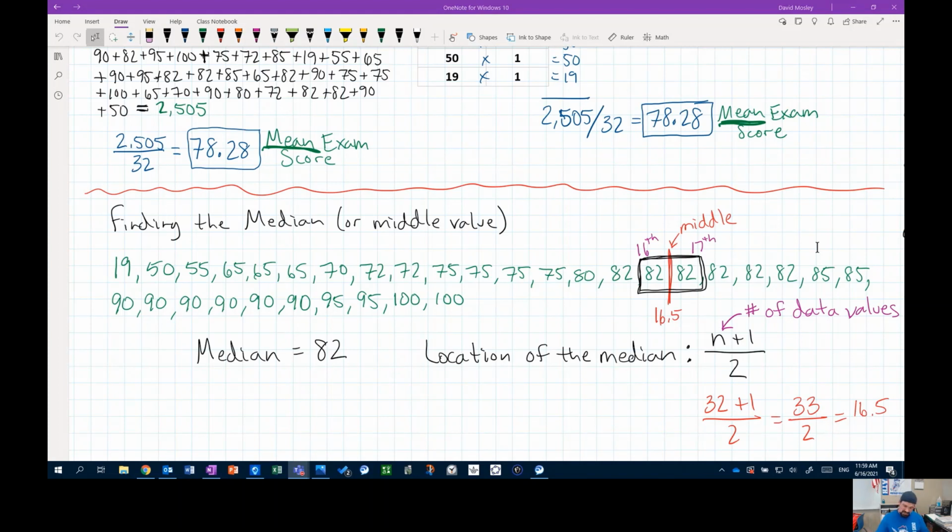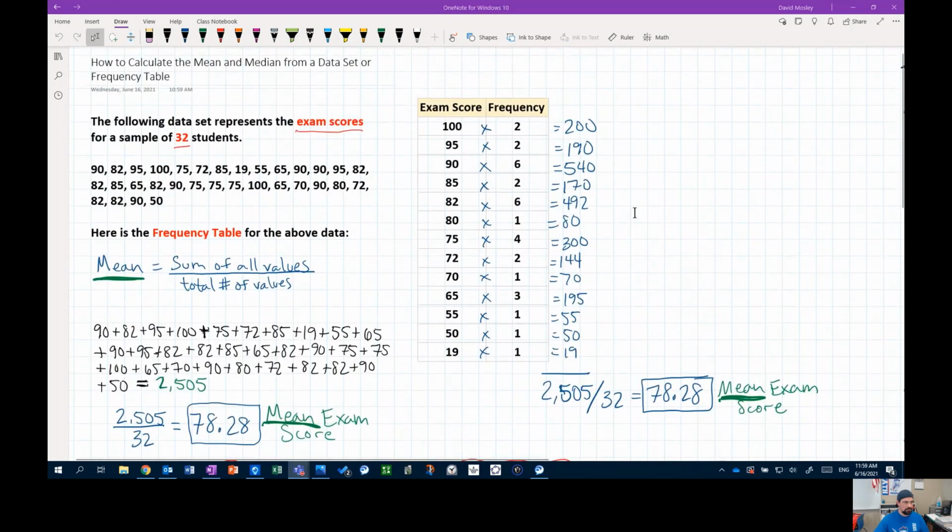And so this doesn't really change what we did. However, we could use this information to then find this using the frequency table. If we know that the median is between the 16th and 17th value, I can count up from here.